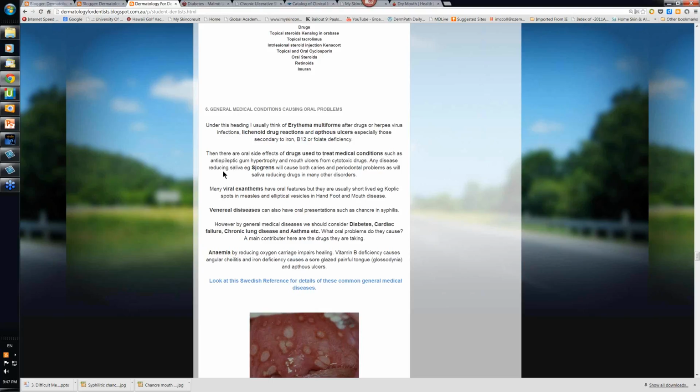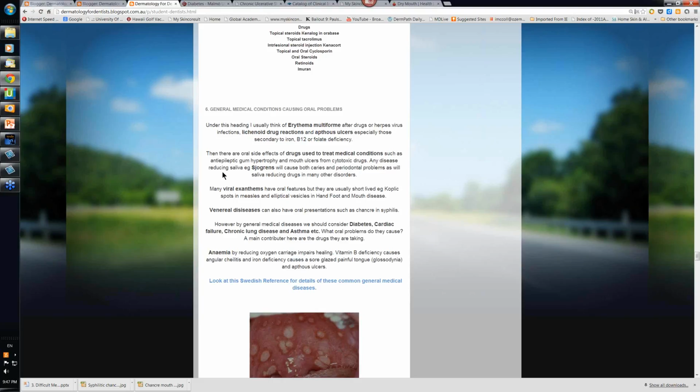We've talked before about the drying effects of certain drugs. Some antihypertensive drugs have a drying of the mouth effect. So do beta blockers, which are used for rhythm problems and heart disease. Antiepileptic drugs cause gum hypertrophy. And then you've got the problems with erosions and mouth ulcers from cytotoxic drugs.